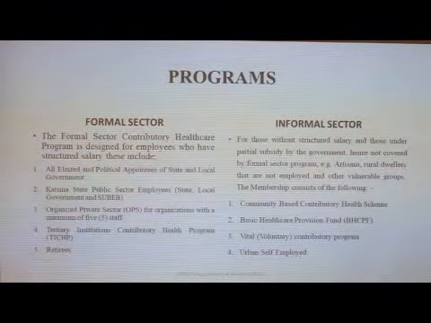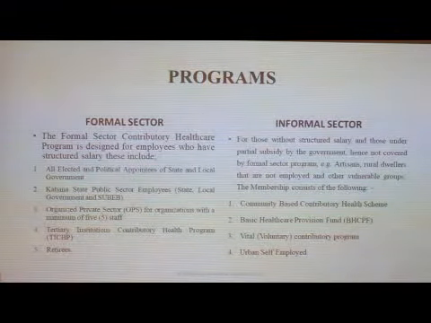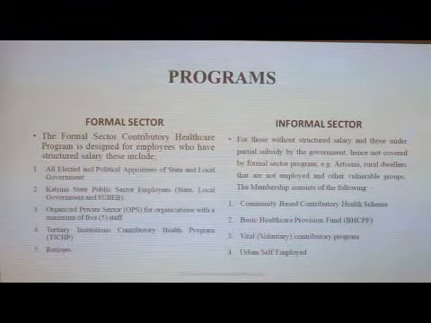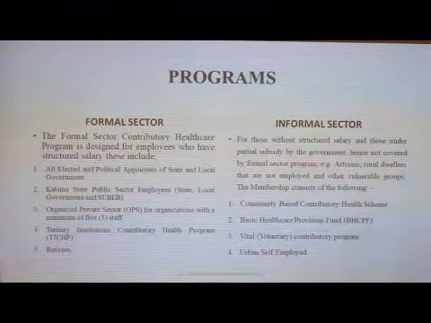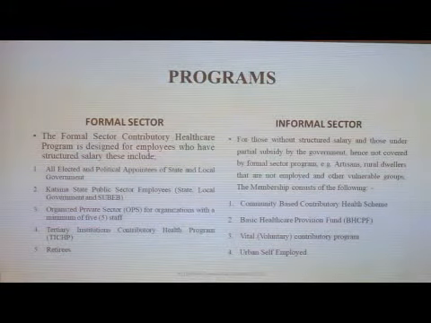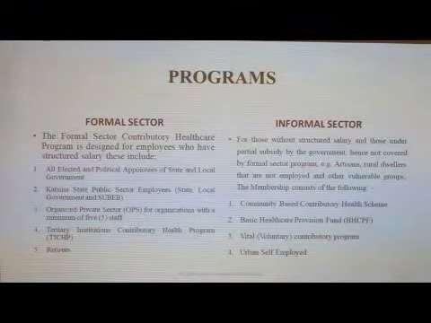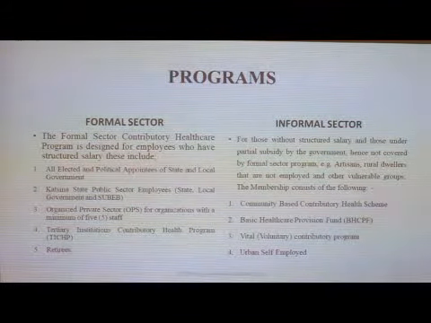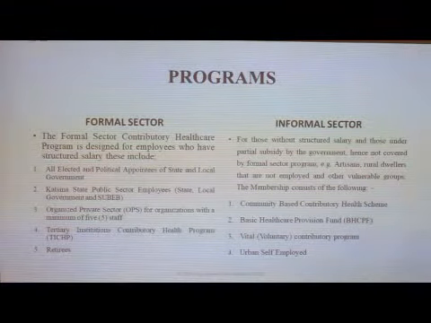For the informal sector program, this program is for those without structured salary, like I mentioned earlier, and the number one program is the community-based contributory scheme. This scheme is for communities that are expected to form a mutual health association of at least 1,000 people.